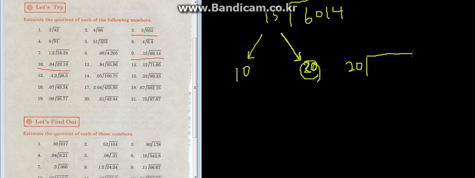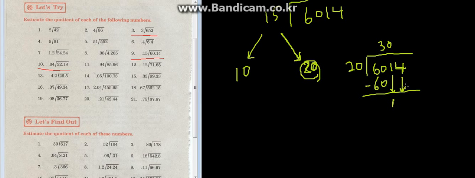So let's write it again. 20 is divided into 6014. 20 goes into 60 how many times? 3 times, right? 3 times 20 is 60. So 60 minus 60 is 0. We bring down 1 on top. 20 goes into 1 how many times? 0 times.